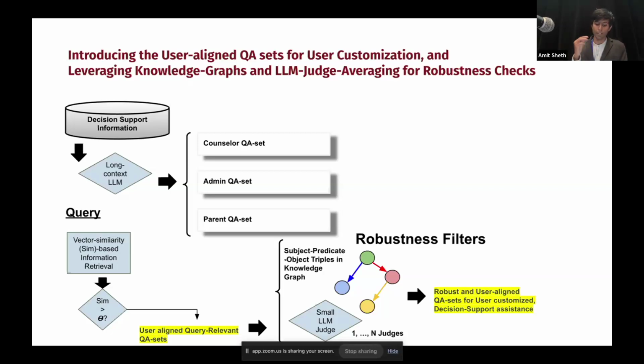The N judges is to account for the fact that each individual LLM at any point in time is unreliable. You may have heard the term stochastic parrots. Each individual LLM, like Dr. Shet showed earlier, is a probabilistic machine. So it will predict yes with some probability, no with some other probability.